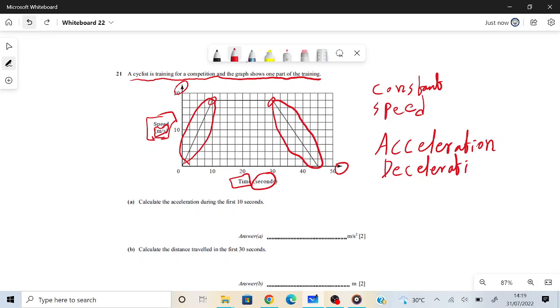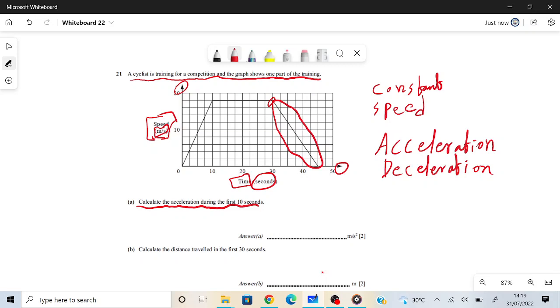Right, so let's look at the first part of the question, what it asks us to do. The first part says calculate the acceleration during the first 10 seconds. Now to calculate acceleration in a speed time graph, all you have to do is find the gradient of the line.